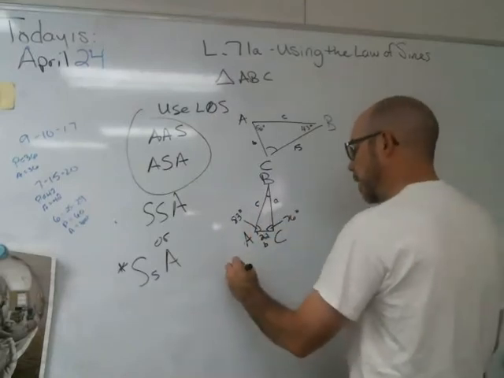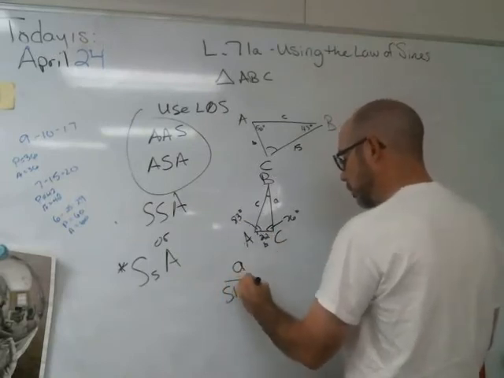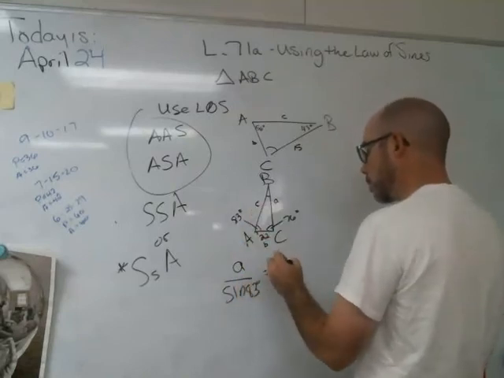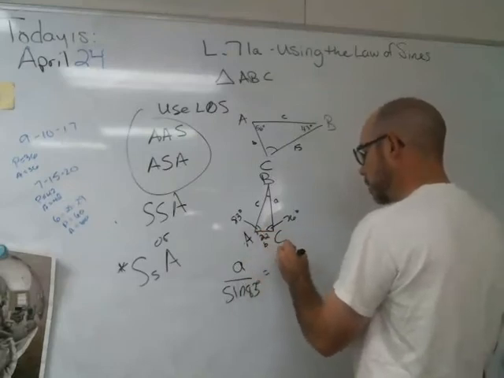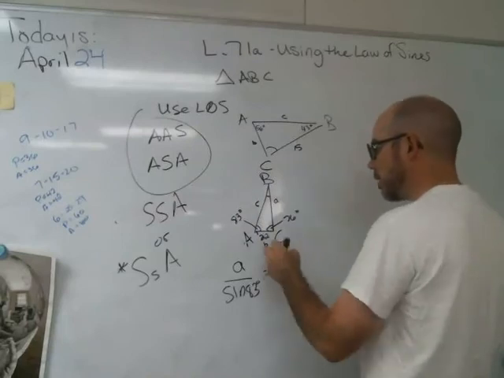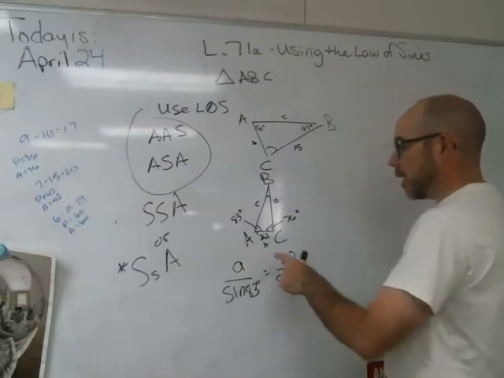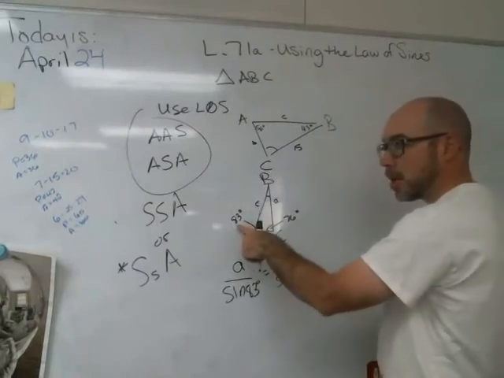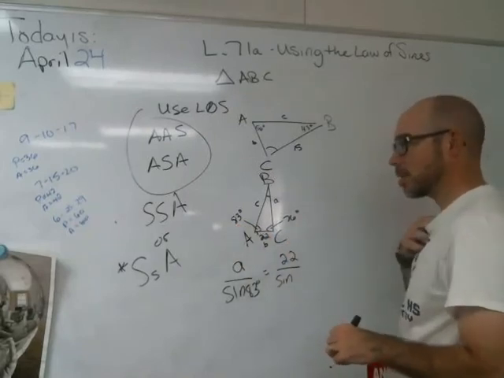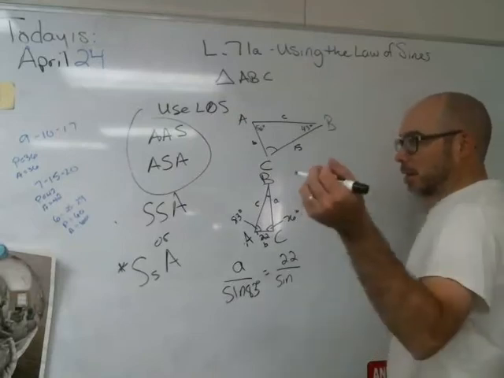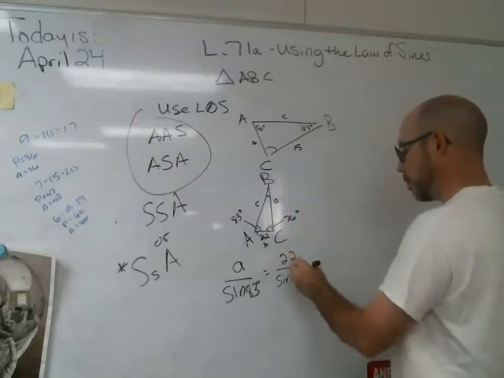If we'd like to solve for A, we're going to say A is to sine A, which is 83 degrees, as B, which is 22, is to the sine of B. And B could have been calculated by going 180 minus 83, so it's 97, minus 76, so that's 21.